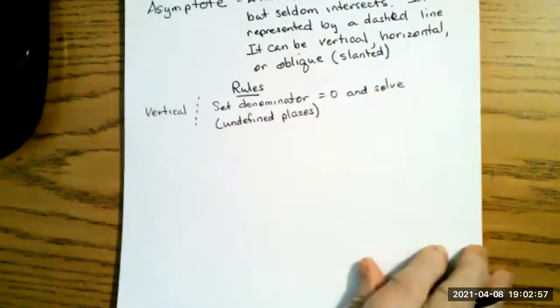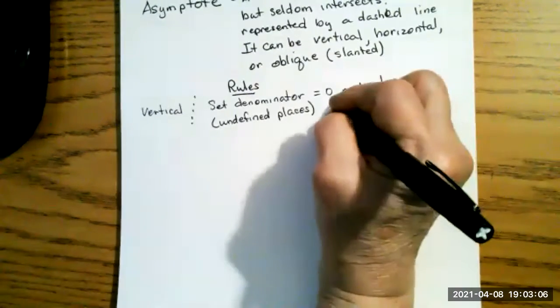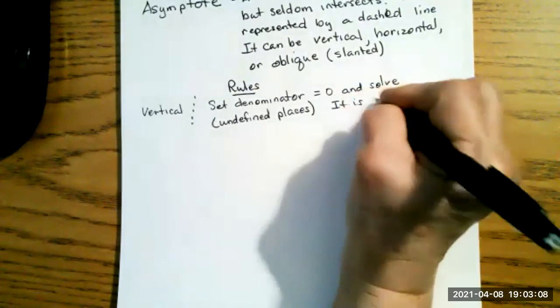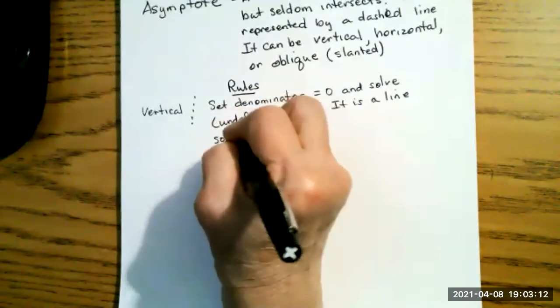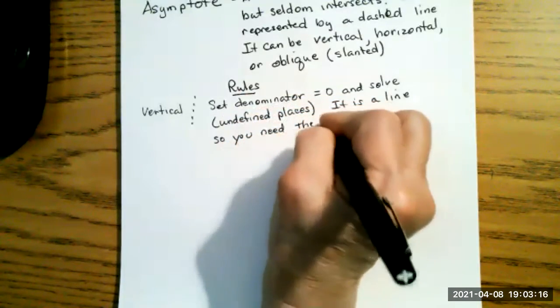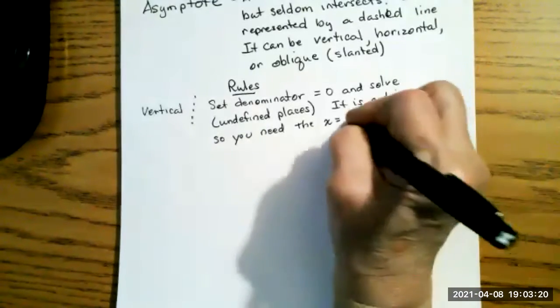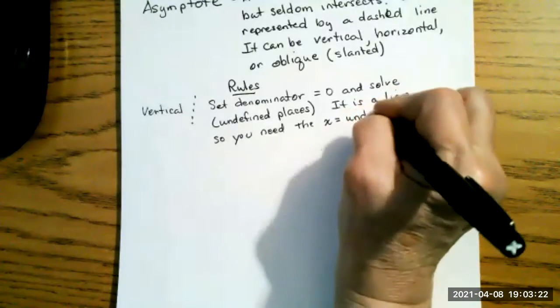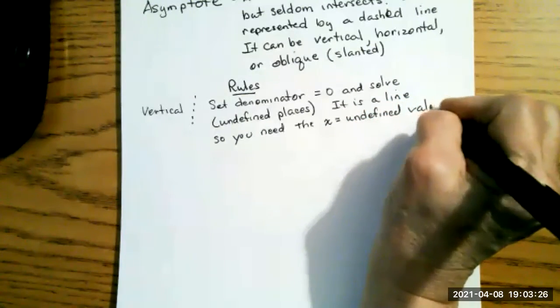We've already said what makes this rational function undefined. It is a line, so you need the x equals part. Need the x equals, and then it's the undefined value.